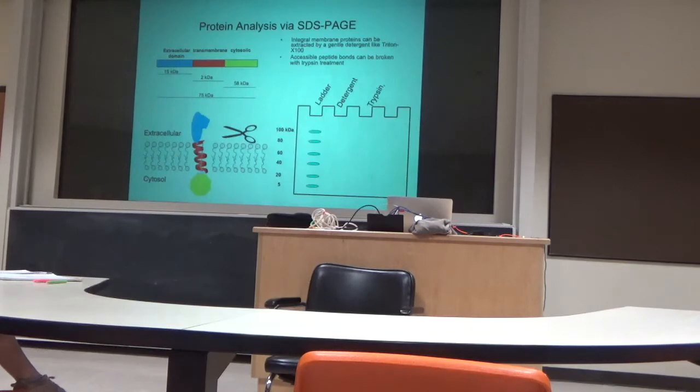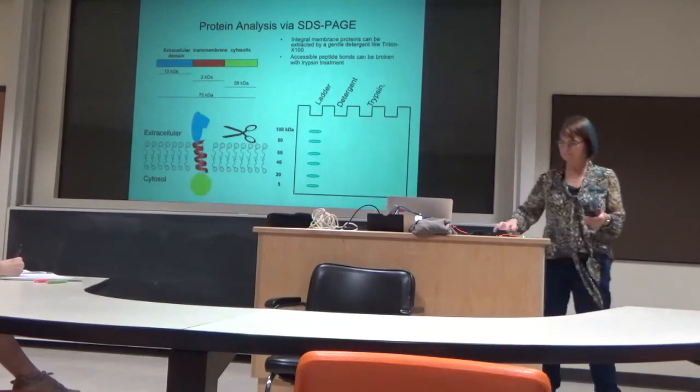I want you to draw that banding pattern on that gel or on a piece of paper. If you have last class handout, the gel is still on that handout. And then once you've done that, there's an Instapoll question that asks how many bands you expect to see there.